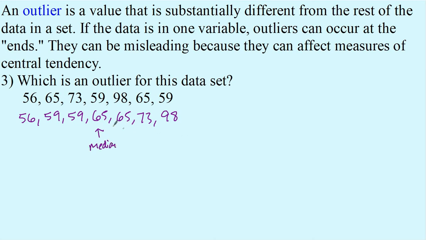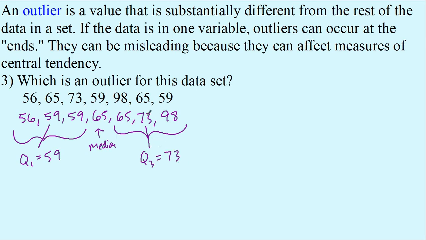On the data set to the right and the data set to the left, you find that median, and so we get Q1 is 59, and Q3 is 73.